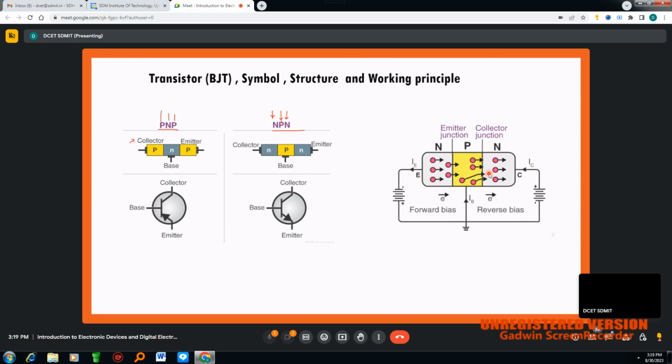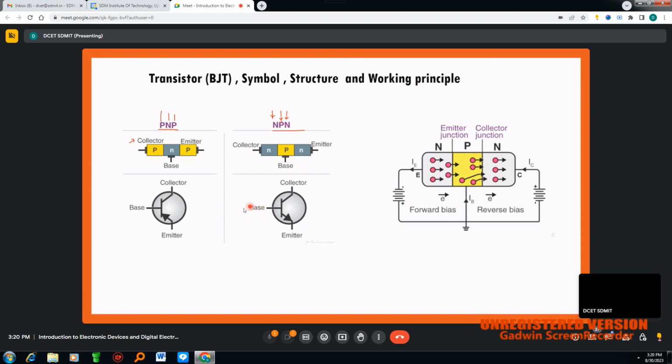Now, what is the main use of this transistor? Generally, the transistor is used in applications like amplifiers. There are two properties of a transistor: one, a transistor can be used as an amplifier; two, a transistor can be used as a controlled switch. That means there is one terminal, the base, which acts as the control. Generally, we call transistors current control devices.